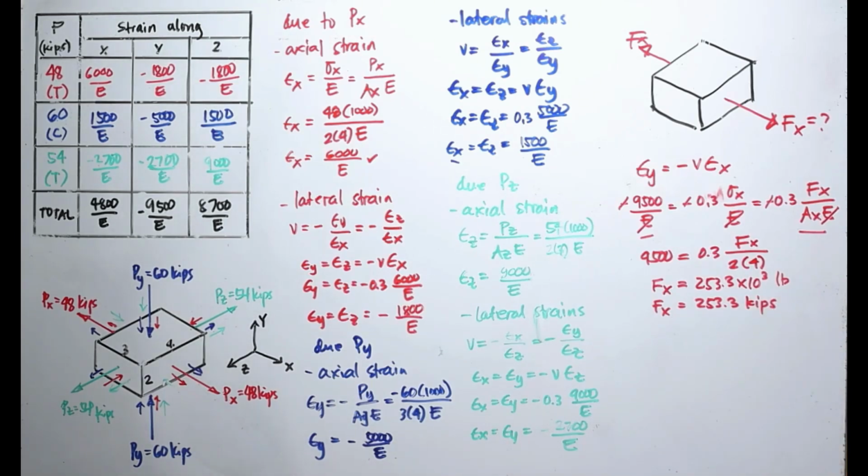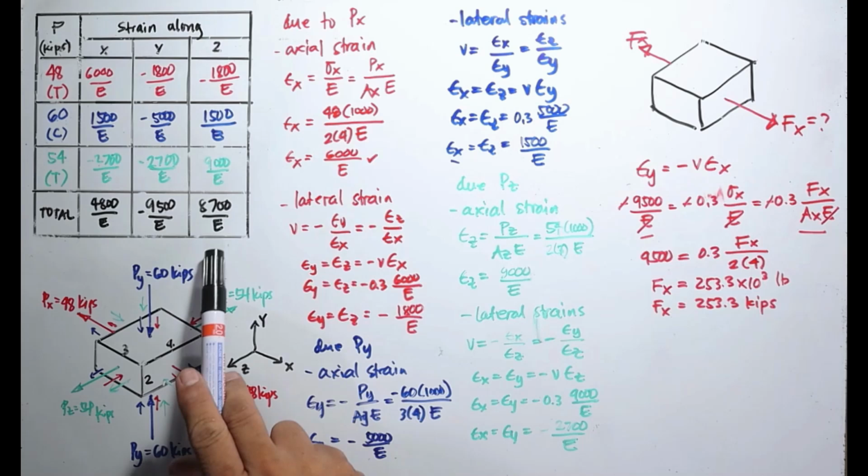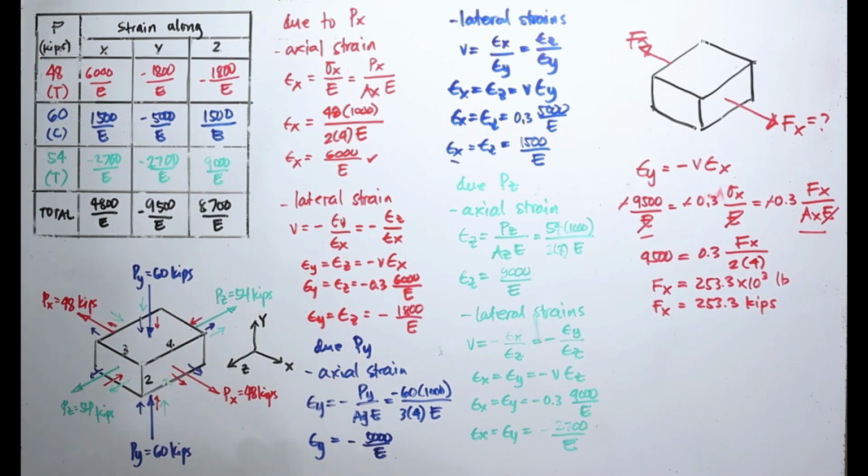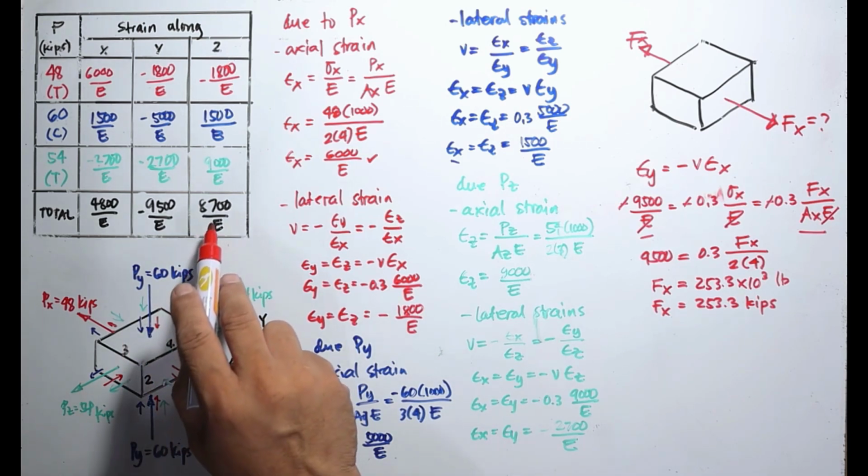Okay, so for the next problem, problem 224, it says find the uniformly distributed load that must be added in the x direction to produce no deformation in the z direction. So let's look at the z direction. The total deformation is 8,700 over E. We are going to introduce a new force here that will cancel out this strain.